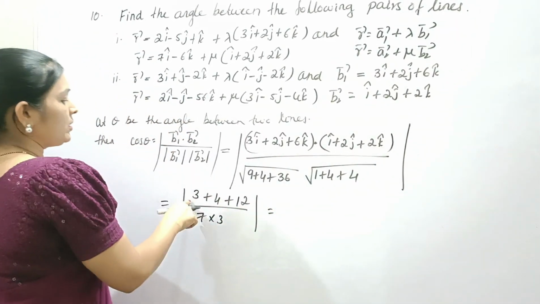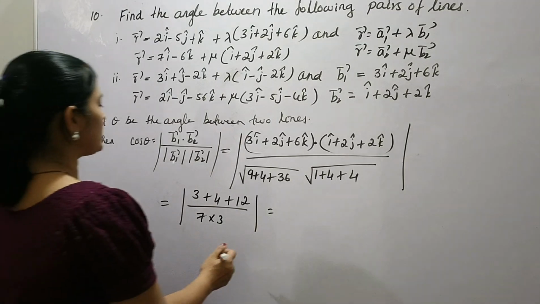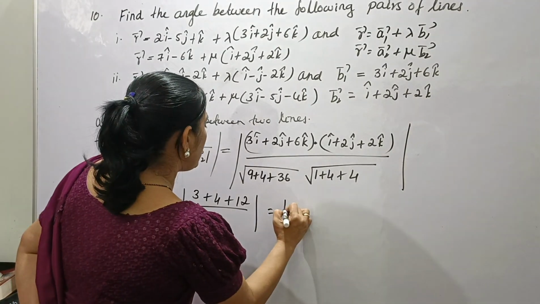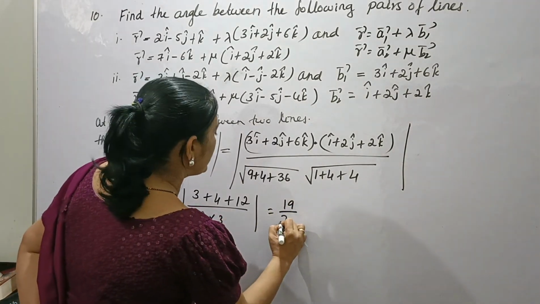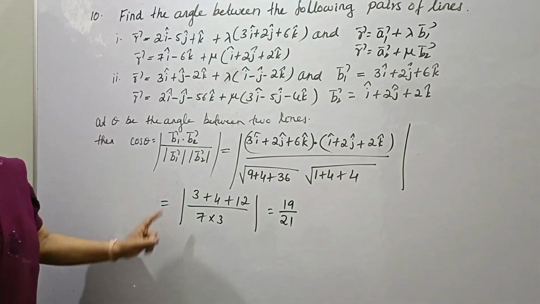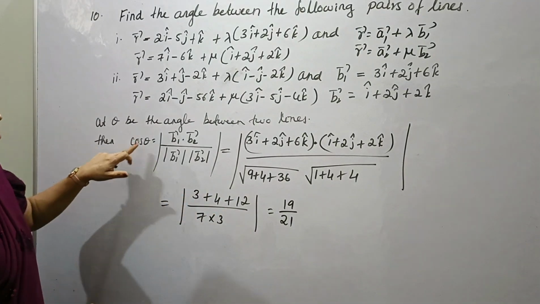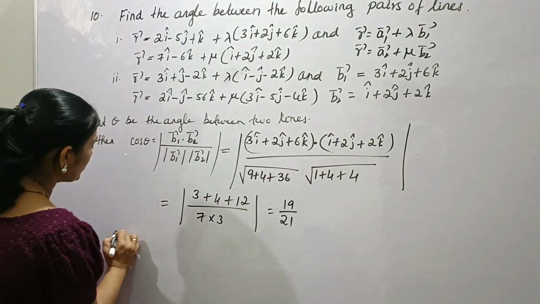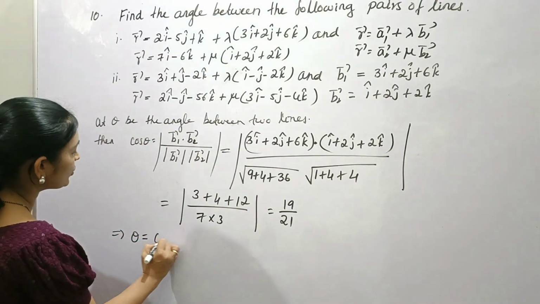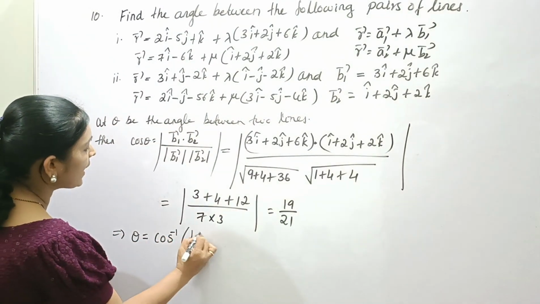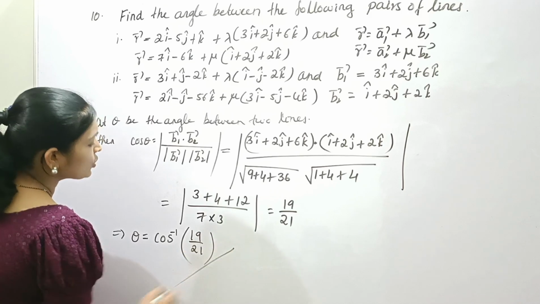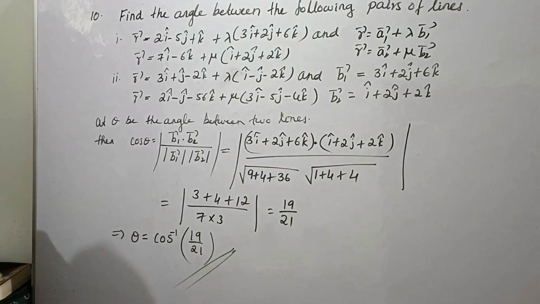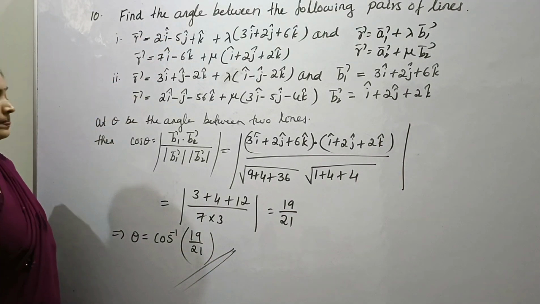So 7 into 3 is 21. So cos theta is equal to 19 by 21. Therefore theta is equal to cos inverse of 19 divided by 21. It is the angle between these two lines.